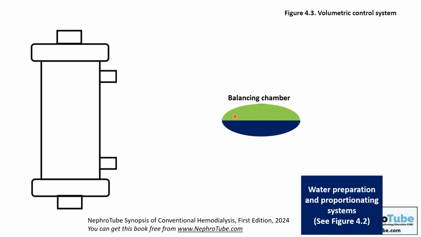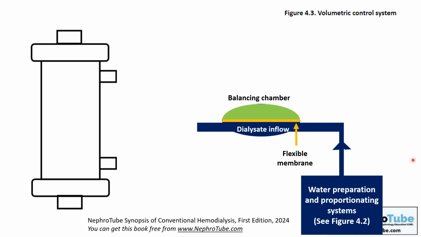Each chamber, this is one chamber. This chamber is divided into two halves. And these two halves are separated by a flexible membrane. Okay. Here, the dialysate inflows into the balancing chamber. At the inlet and the outlet of the dialysate inflow, there are one-way valves.